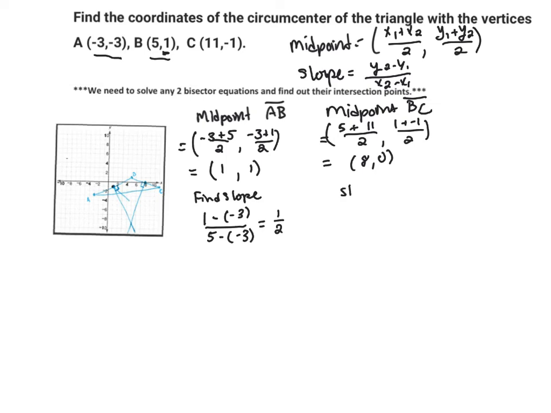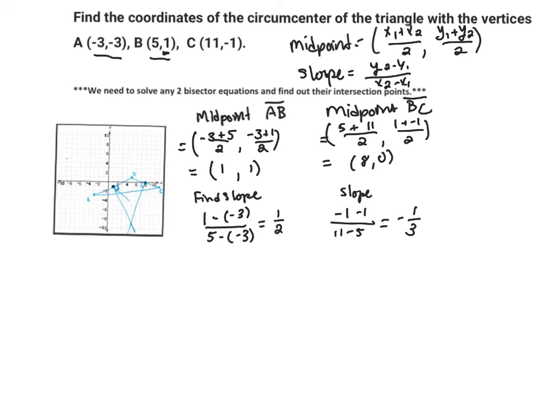The slope here would be negative 1 minus 1 over 11 minus 5, which reduces to negative 1/3, because you get negative 2 over 6, which reduces to negative 1/3.